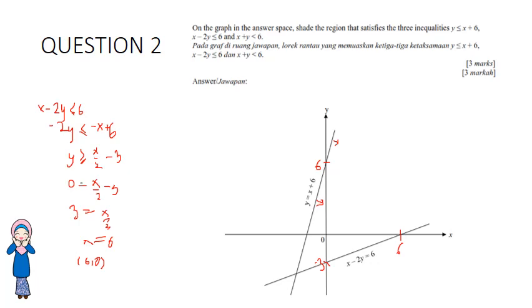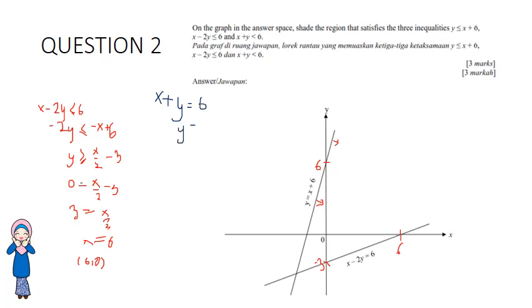Why do I need the point? Because we want to draw the last equation. So the last one, sorry, is x plus y equals 6. Since I want to draw, I don't need the inequality.